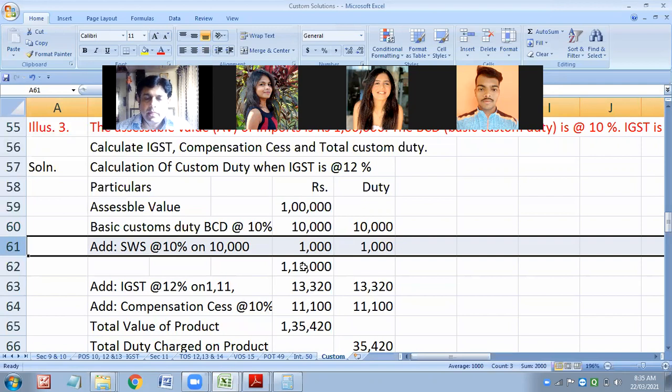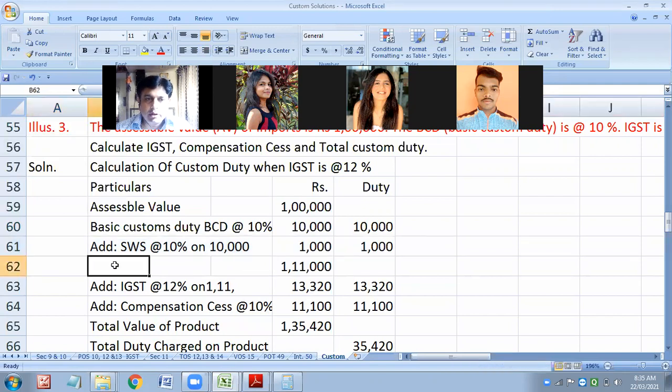So this is the subtotal for computation of IGST: 1 lakh 11,000. 12% of 1 lakh 11,000 is 13,320. Compensation cess 10% of 1 lakh 11,000 is 11,100. So we got 1 lakh 35,420. Is this correct?